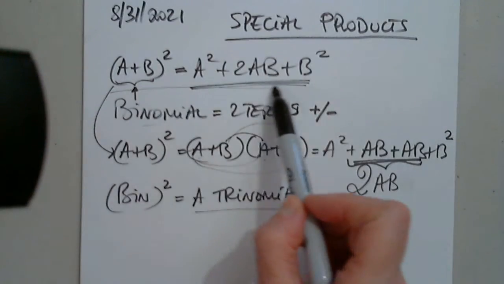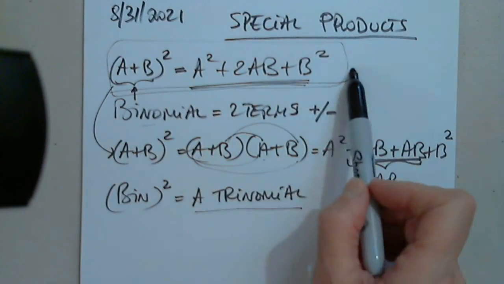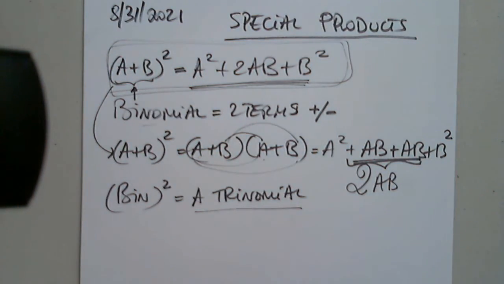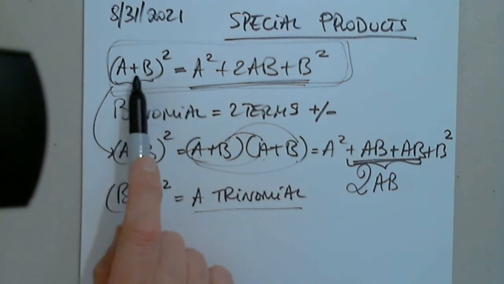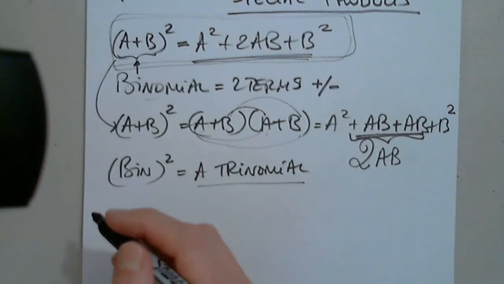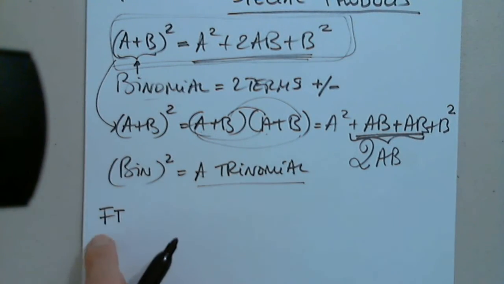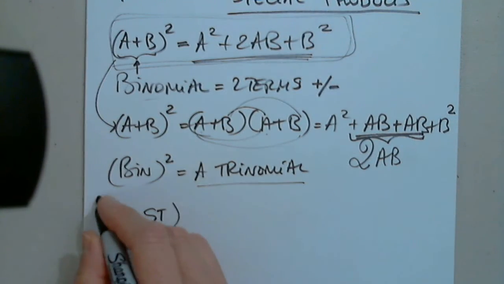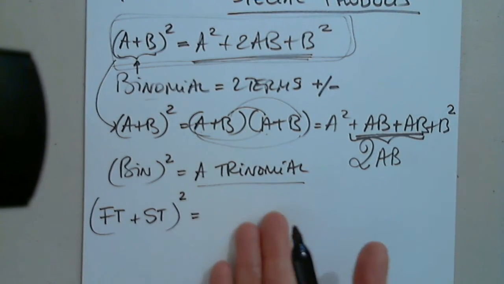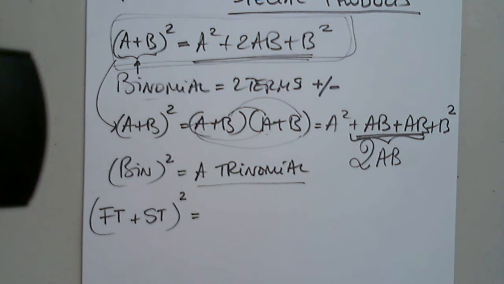So how do I really remember this special product? It's very rare that I will get A and B as the terms, right? So in general, first term plus second term squared. Can anyone give us the pattern now? What should I write?